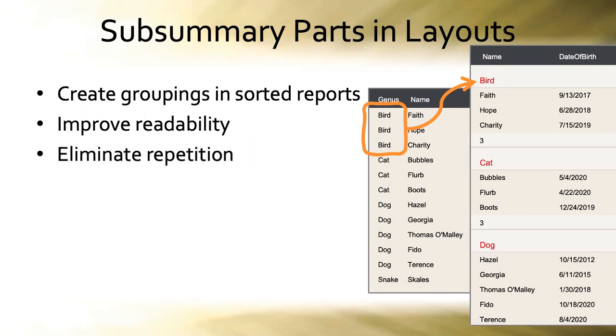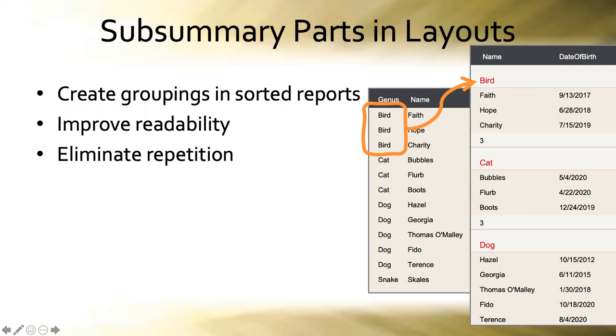Now, it's important to understand that normal fields, meaning non-summary fields, that we place in a leading subsummary part, like this genus field here, display the value from the first record in the group they summarize. That is, this animal here, Faith, is a bird.